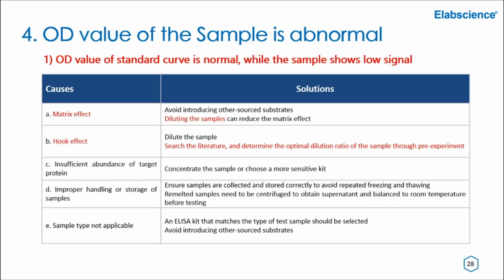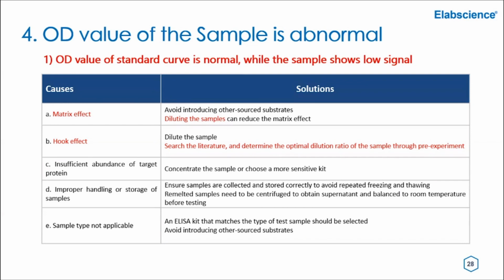Okay, in view of the above 5 situations, we have summarized types of causes and the corresponding solutions here. The most important thing is to reduce the influence of the hook effect and the matrix effect. It can be solved by diluting the samples.